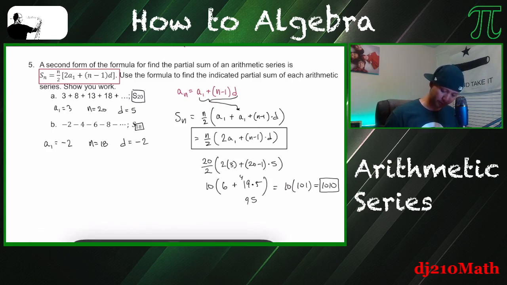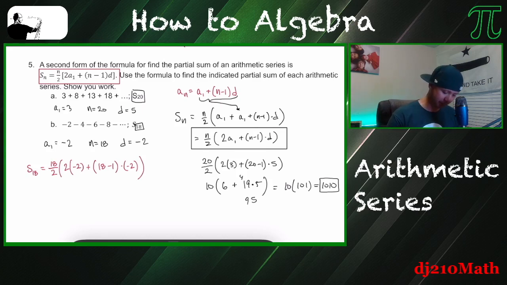Switch colors. So let's do it in red. Here we have S, the sum of the first 18 terms. So n is 18, so 18 divided by 2 times 2 times the first term, which would be negative 2, plus n minus 1, so 18 minus 1, times the common difference of negative 2.